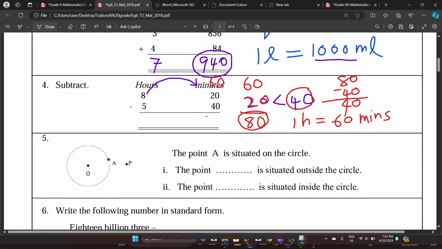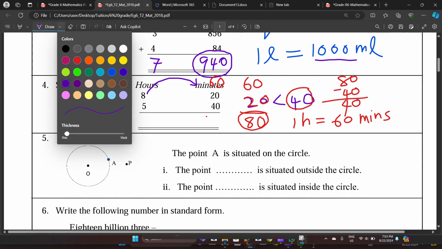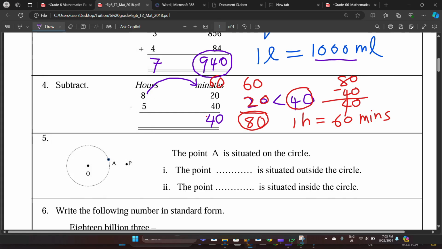So we have 40 here. Now we gave 1 hour to the minutes part, so we now have only 7 hours. 7 minus 5, the answer is 2. Okay, so the final answer is 2 hours and 40 minutes.